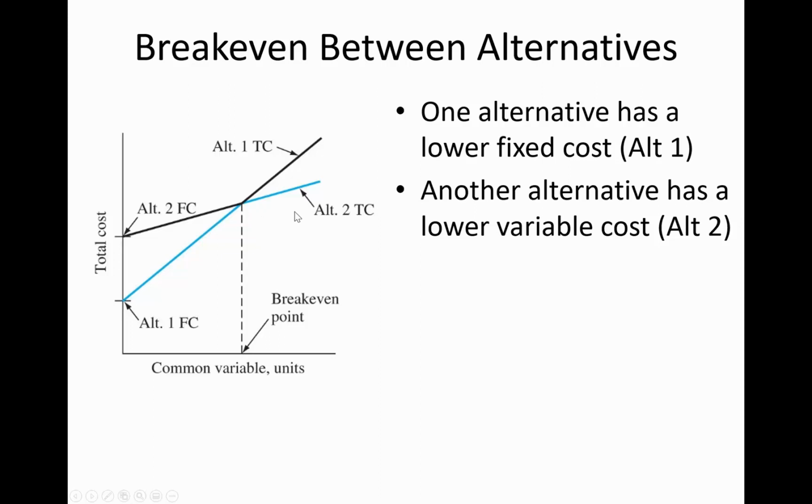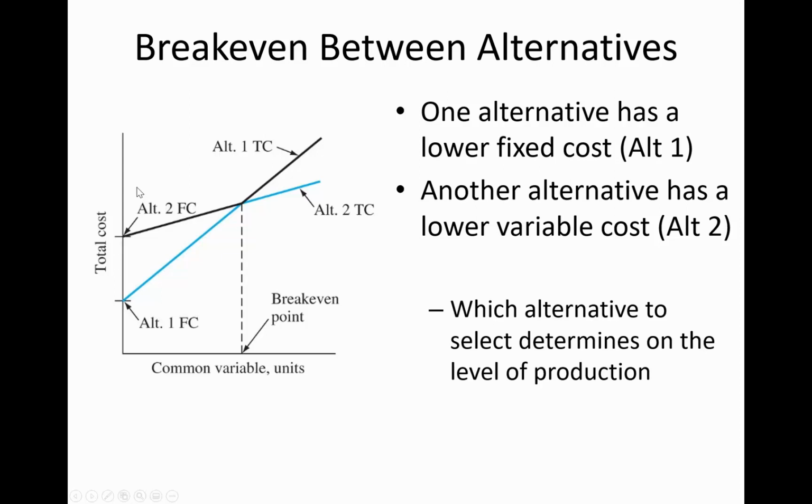And then if you're making more units than that, alternative 2 is cheaper, because even though it has the higher initial purchase price, its overall cost is lower at the high volumes. If you're making a lot of units, then the lower variable cost per unit pays itself off and justifies the extra amount you spend up front.